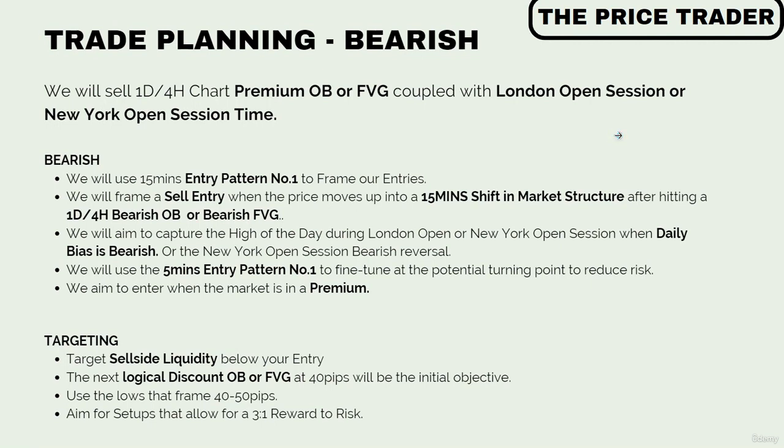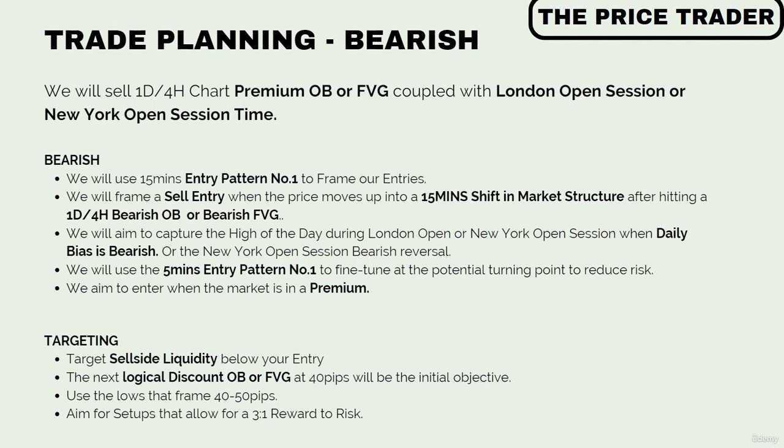So the first thing we'll be doing, we'll want to sell a 1 day or 4 hour chart premium order block or fair value gap, coupled with London open session or New York open session. Let's say, for example, when you're bearish, you'll want to be using the 15 minutes entry pattern number 1 to frame your entries.